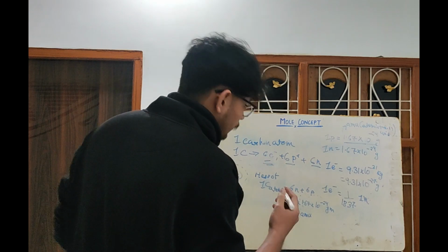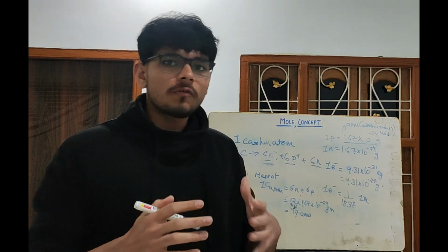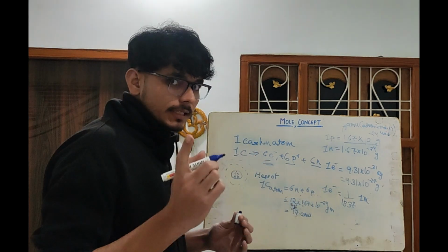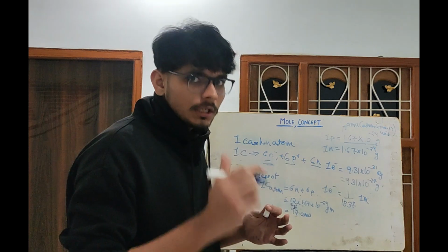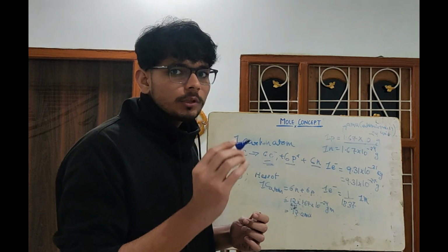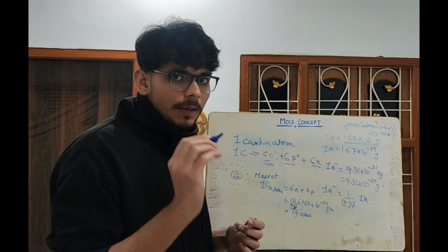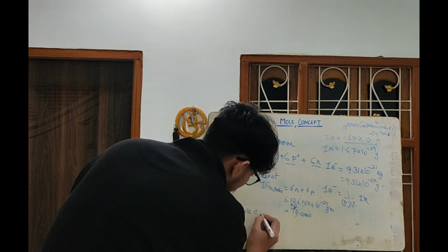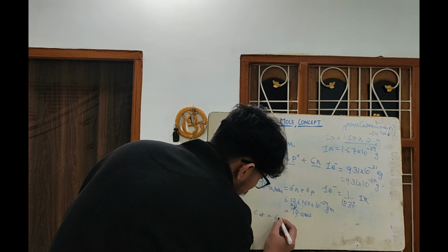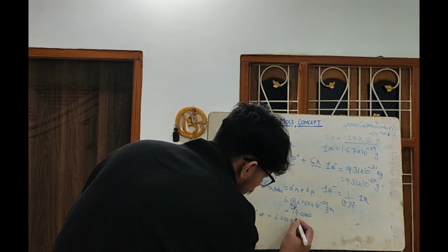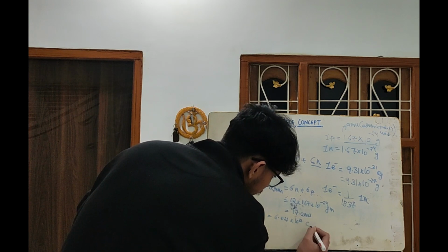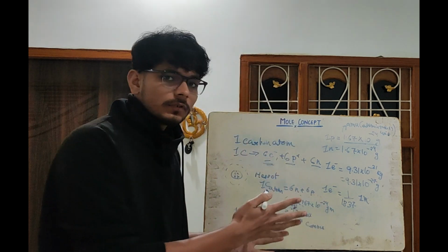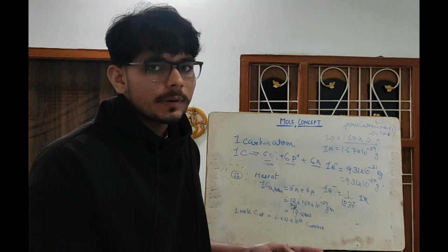Now, if someone tells us to find the weight of 1 mole of carbon atoms, we can say that 1 mole of carbon atoms means 6.022 times 10 to the power 23 carbon atoms, and we have to find the weight of this huge amount of carbon atoms.